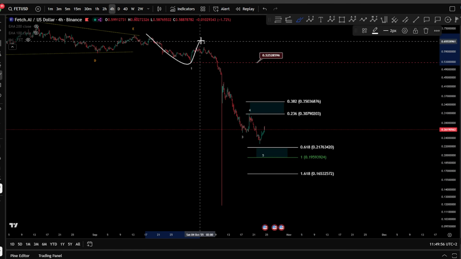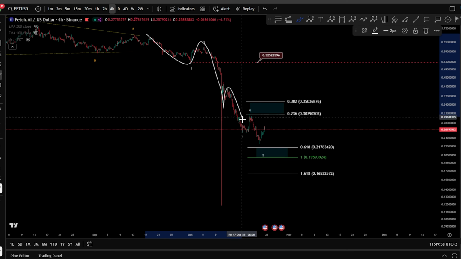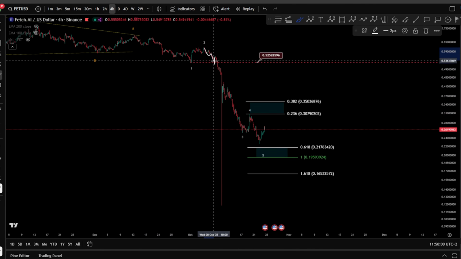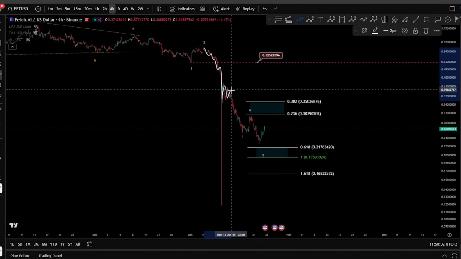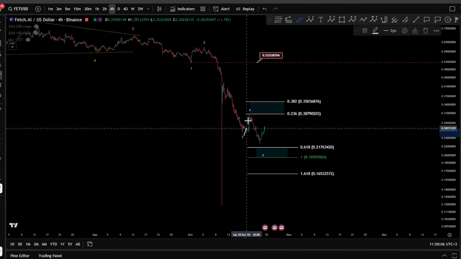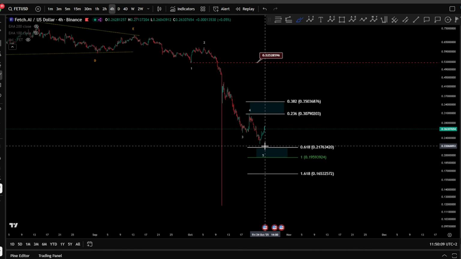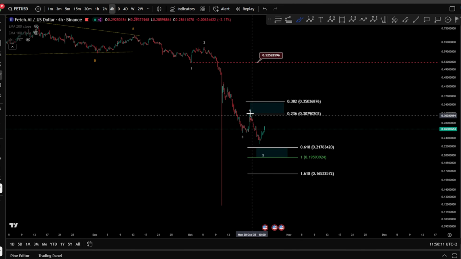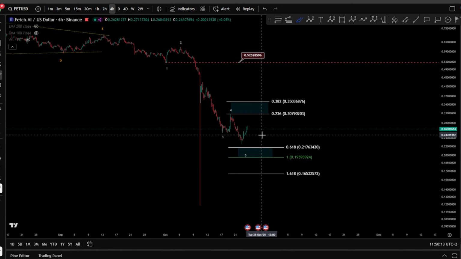So basically, as a 1, 2, 3, we can see the wave 3 finished here as a 1, 2, 1, 2, and internally finished wave 3 here, potentially after this wave 5. And I consider this a finished 4 and 5 based on the wave 2, that it looks fine, yeah.